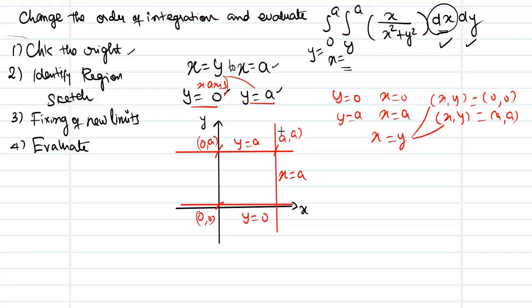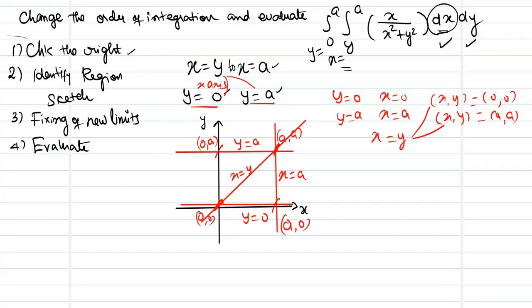The point a comma 0 is the intersection of x equal to a and the x-axis. Now draw the line through these 2 points. This is our line x equal to y.